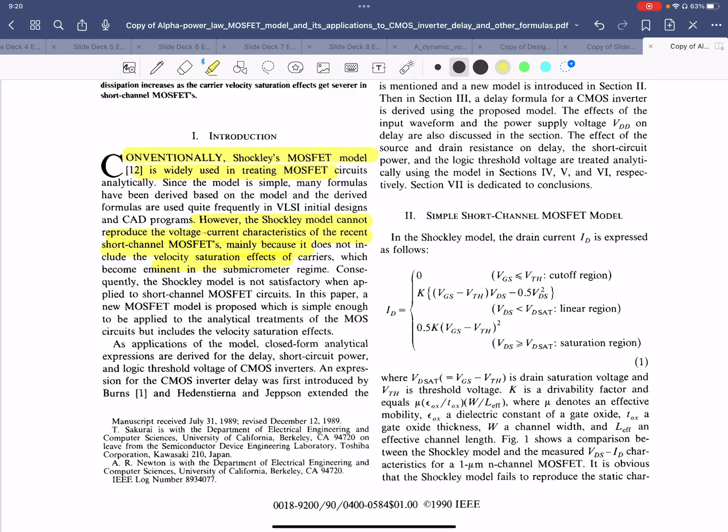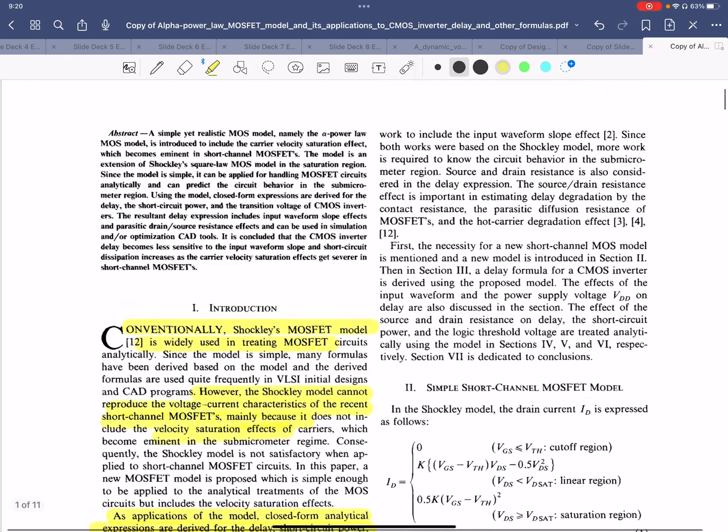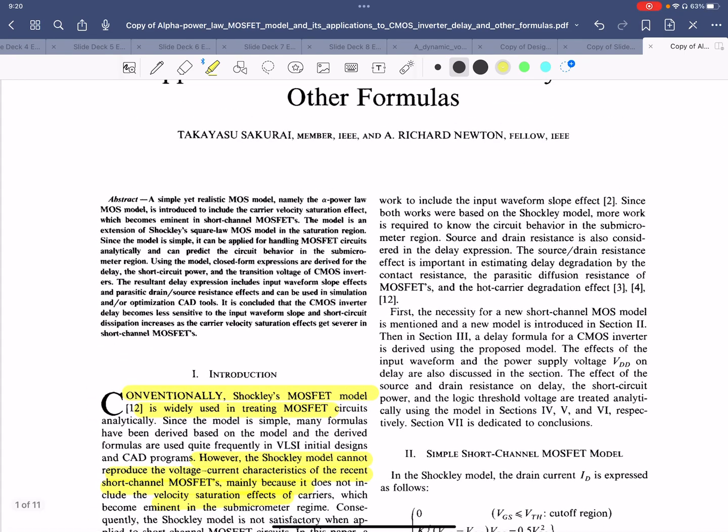So basically, the idea here is they wanted to create a model that's used for an analytic expression, and what they mean by that is really just hand calculation. When you're doing design, you're going to use computer-aided design tools with the full, really complex models. But when you're doing hand calculations, those models are just going to be too complicated.